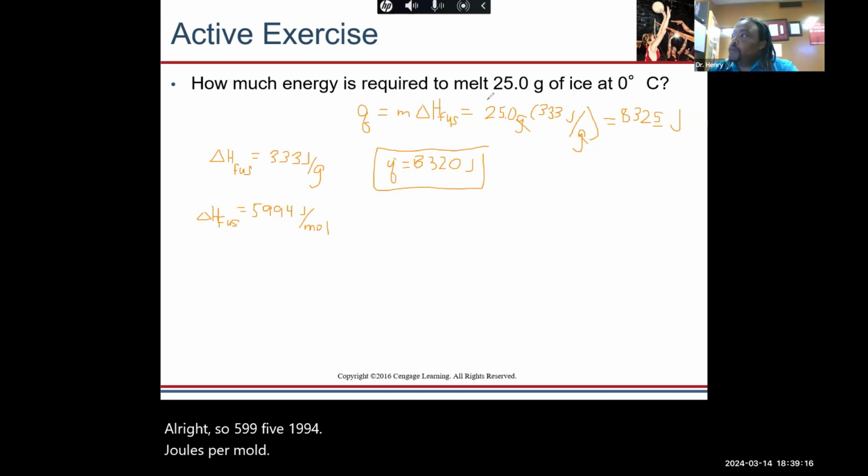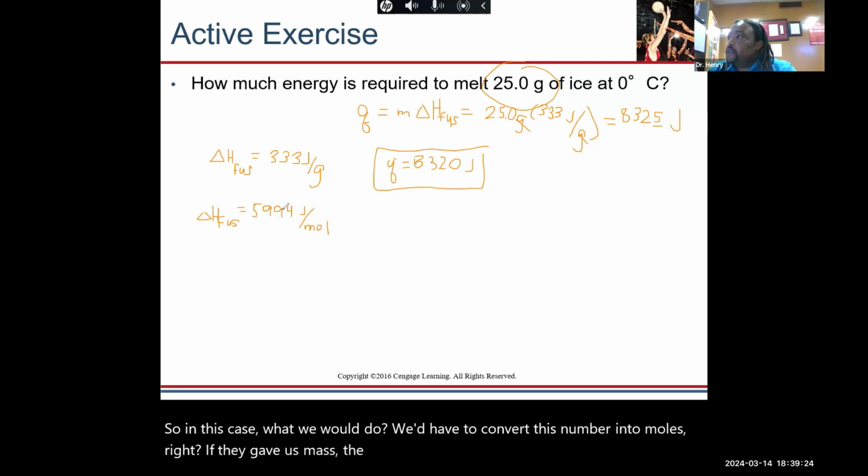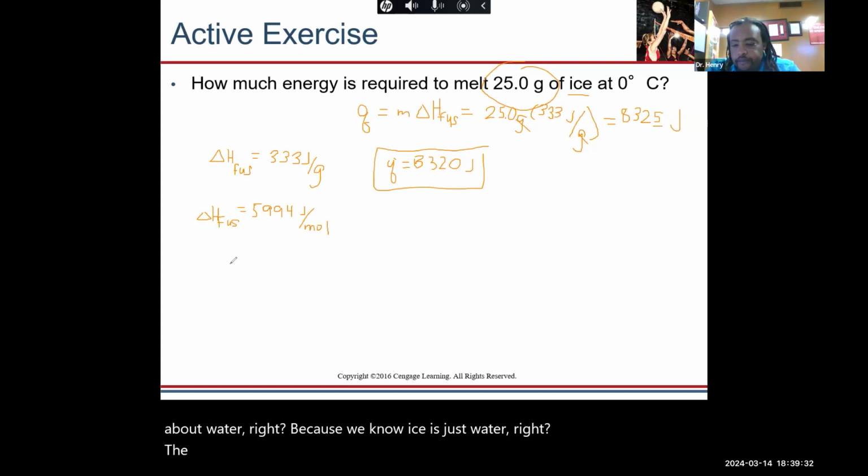So in this case, we'd have to convert this number into moles, right? If they gave us mass. The way that you'll go about doing that: we're talking about water, right? Because we know ice is just water. The chemical formula for water is what? Does anybody know?